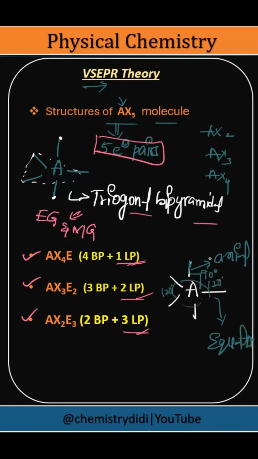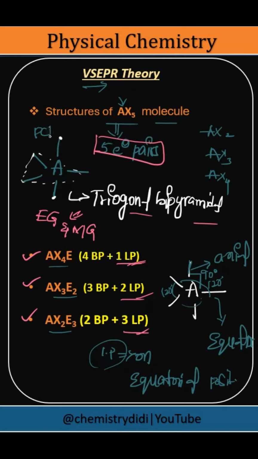Fine. I'll tell you the reason why we need to keep the lone pairs on equatorial positions in my next video. I'll also explain the examples for this, and an example for this standard case is PCl5. So in my next video, I'll explain these deviations, and I'll also explain the reason behind why we keep the lone pairs on equatorial positions.